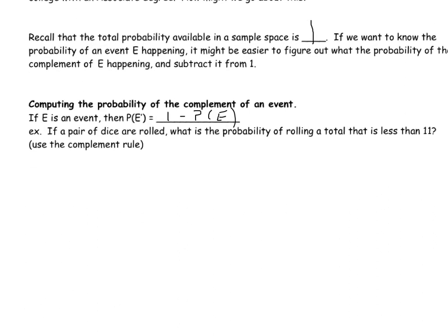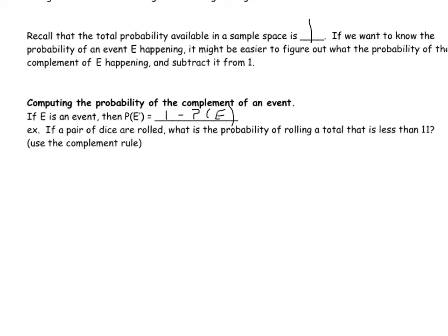So for example, say we roll a pair of dice. What's the probability of rolling a total that is less than 11? Well, the highest number we could roll on a pair of dice would be a 6 and a 6, which would be a 12. So less than 11 would actually be pretty big. So let's let E be the probability of rolling less than 11.